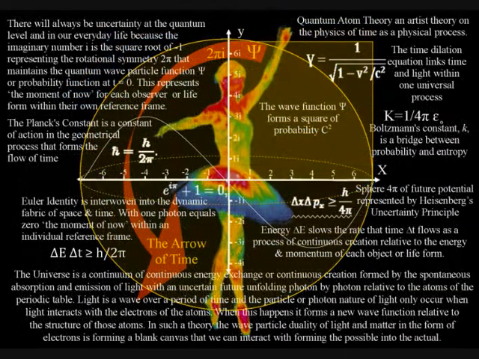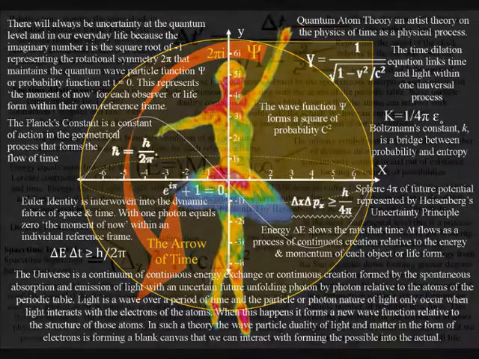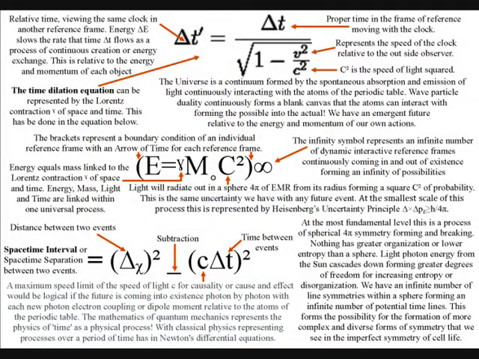This theory can also give us an objective understanding of why the speed of light is the maximum speed limit of the universe. If the universe is coming into existence photon by photon, with each new photon-electron coupling, or dipole moment, the maximum speed of causality, or cause and effect, the maximum speed at which any two parts of the universe can interact will be the speed of light.